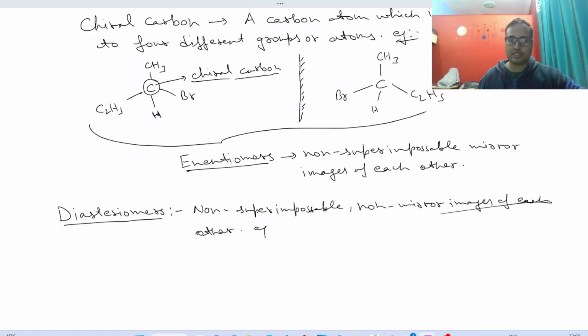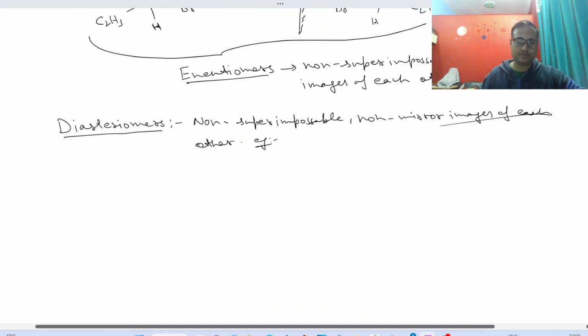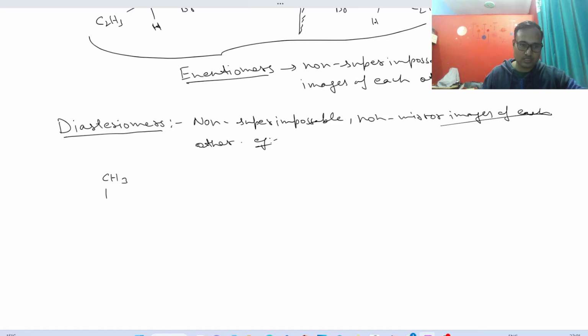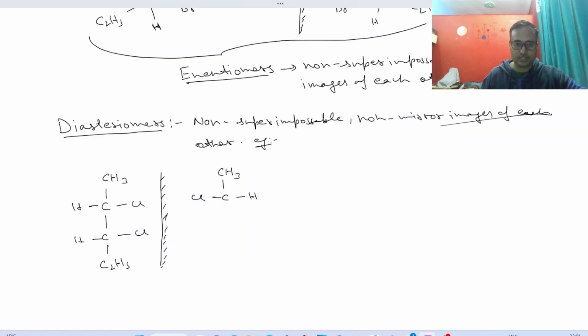Let me explain it with the help of an example. Let us take an example like this. We have CH3, C, Cl, H, C, Cl, H, and then C2H5. Let us take the mirror image of this compound. It will become like this: CH3, C, Cl over here, hydrogen over here, C, Cl over here, hydrogen over here, and then C2H5.